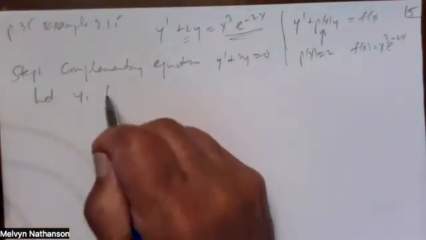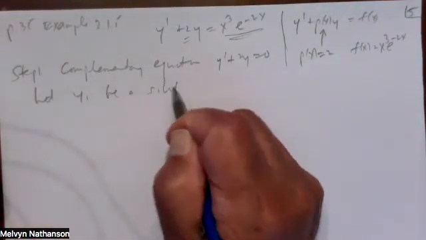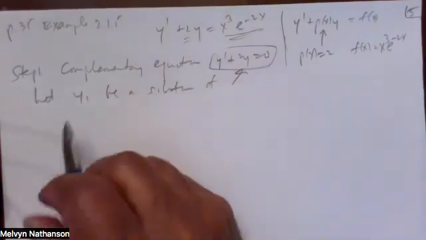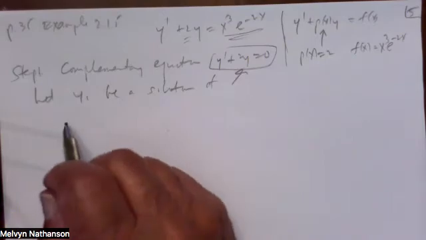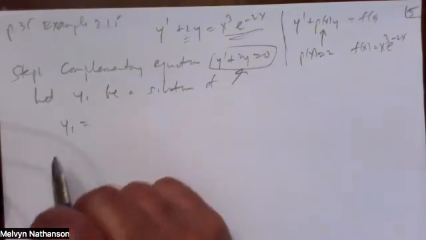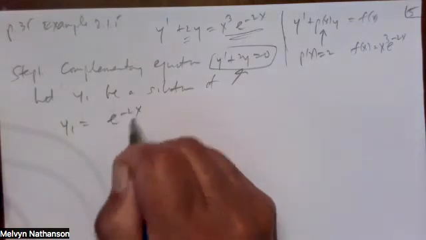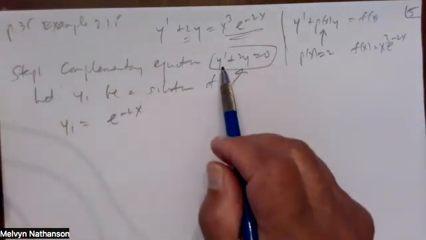And suppose you let y1 be a solution of this equation, a particular solution. So for example, y1 can be e to the minus 2x, right?